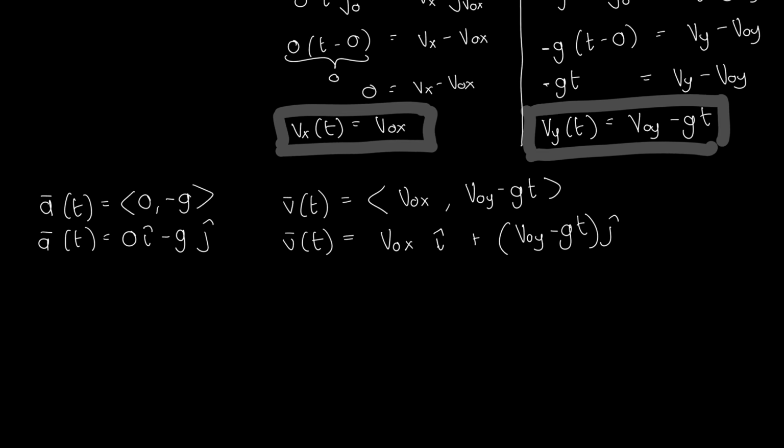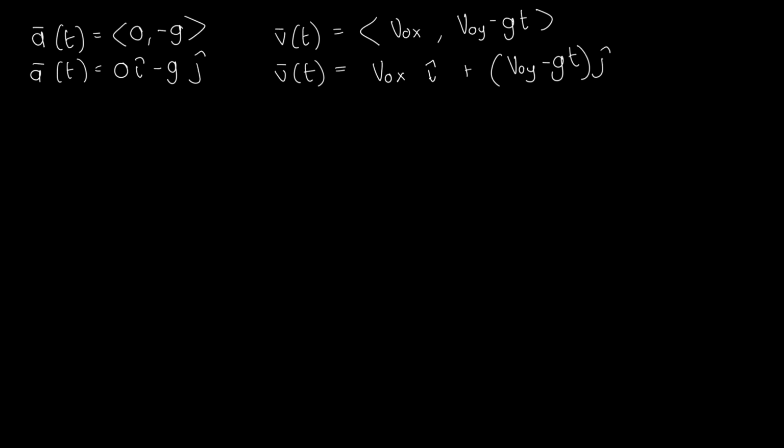We can now do the same for the position. So again, we break it up into components, the x component and the y component. So we're going to have that Vx is equal to drx over dt.